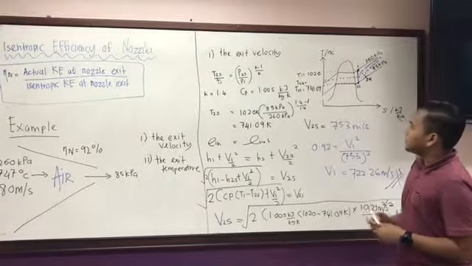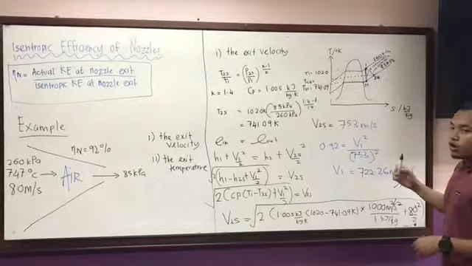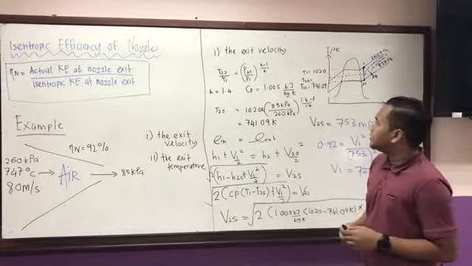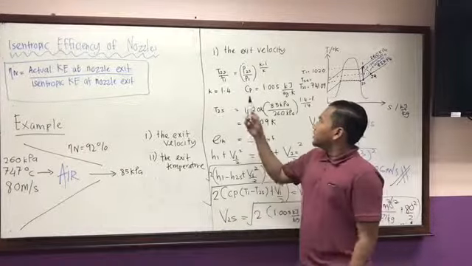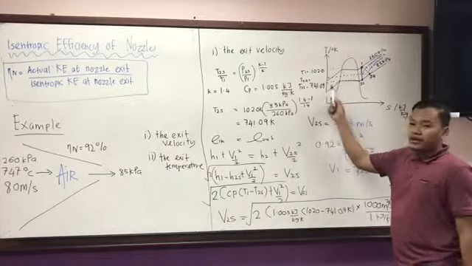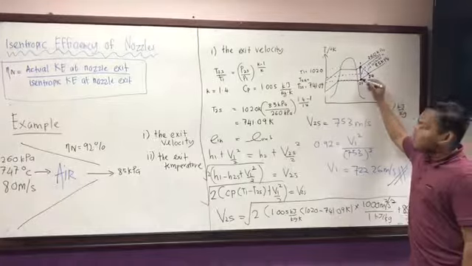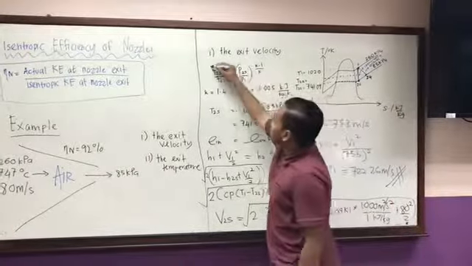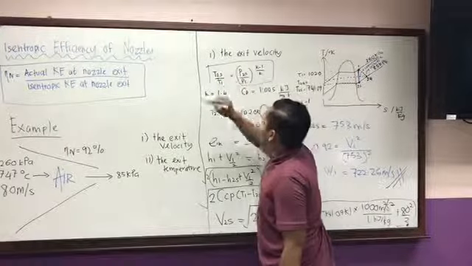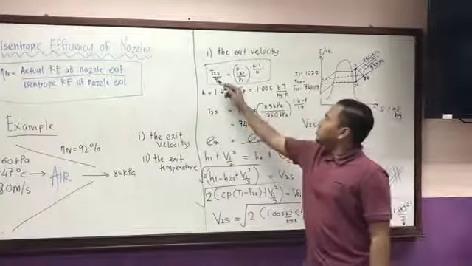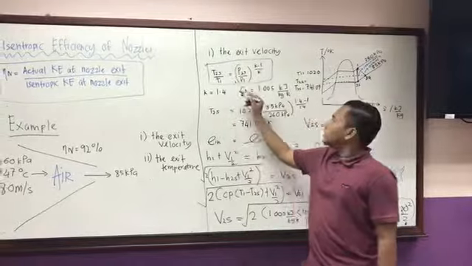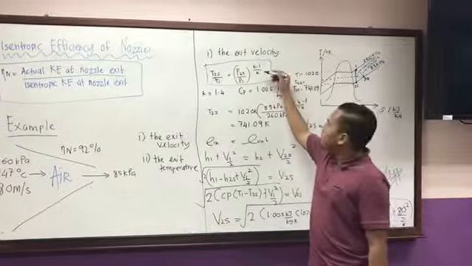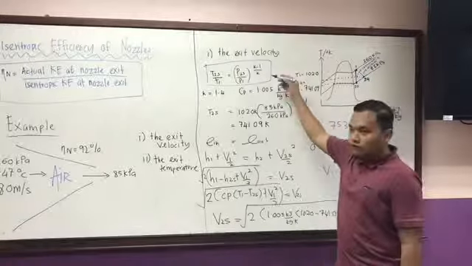From this question we can make the equation to find the temperature T2S: T2S over T1 equals P2S over P1 to the power of (k minus 1) over k.